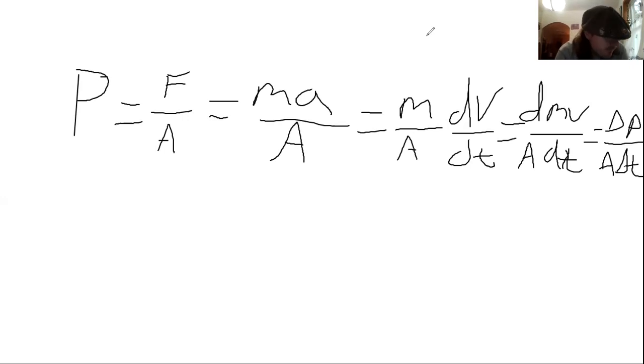So that's our first part of this proof. We can say pressure is the changing momentum of a gas molecule over the surface area it's colliding with, divided by the change in time.